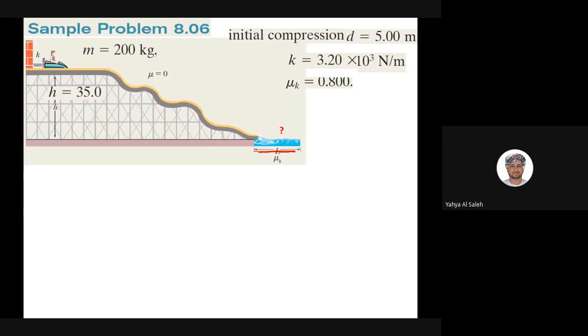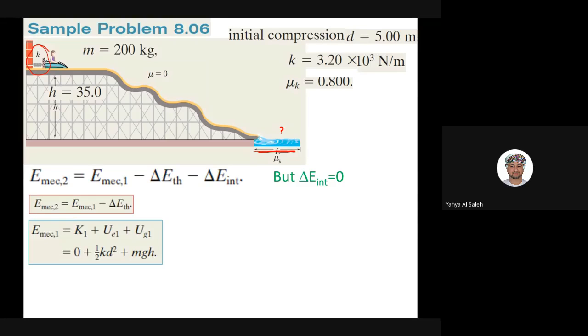MGH. At the top, we have MGH, but we have also something else. We have a spring. So we have MGH and the potential energy of the spring. MGH and half kx squared, right? Kinetic energy at the top is 0.